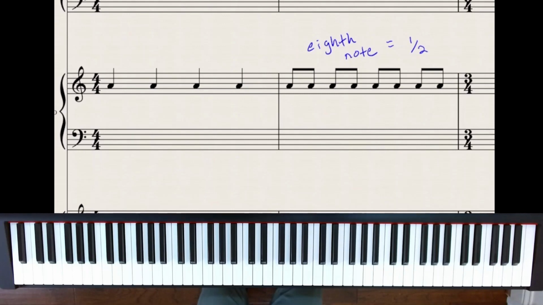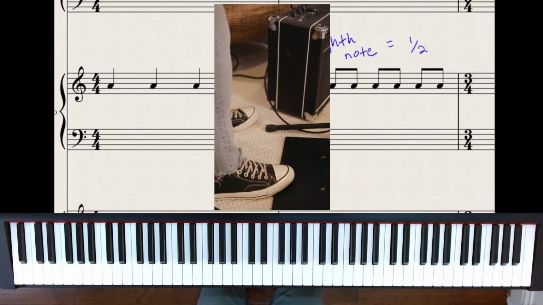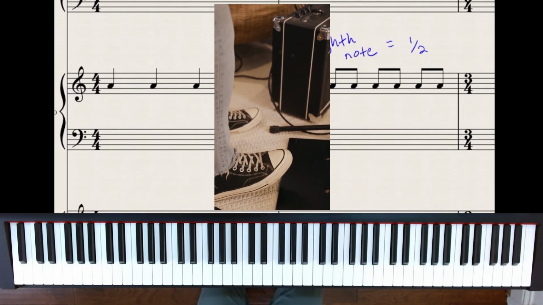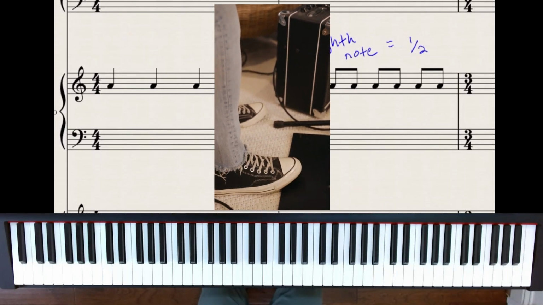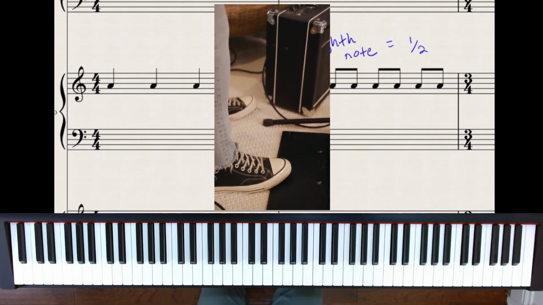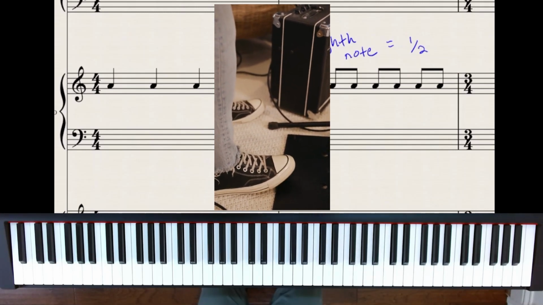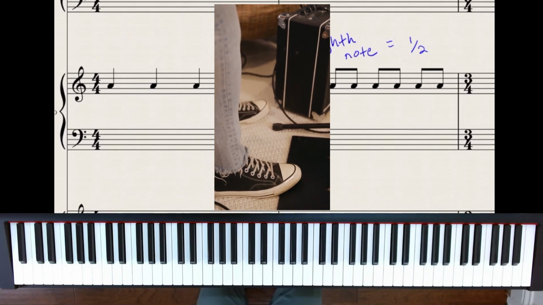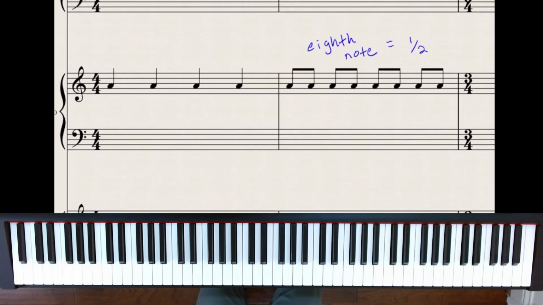So first of all, I want you to think about the fact that maybe you're listening to your favorite song and you start tapping your foot. So with a foot tap, your foot has to come down first and then go back up to complete one full beat. So, for instance, if I do this, I draw a down arrow that represents my foot.